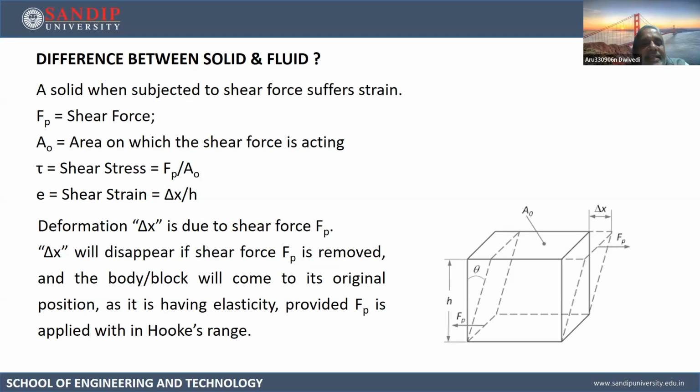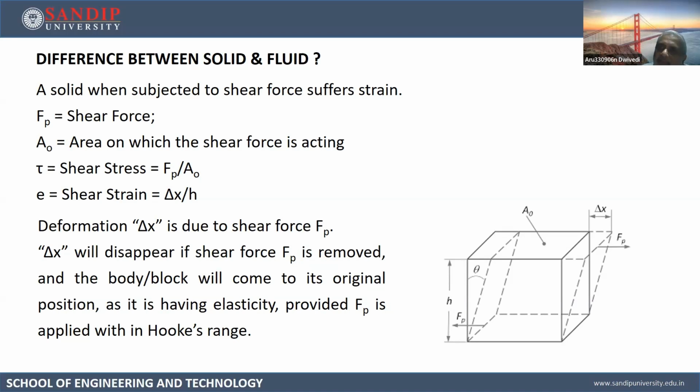Now let us consider the case of a solid. It is a solid block, and this solid block is subjected to shear force. I think you are all aware of the meaning of shear force. Shear force is a force applied parallel to the surface. If the force is perpendicular to the surface, then it is known as direct stress or direct force.